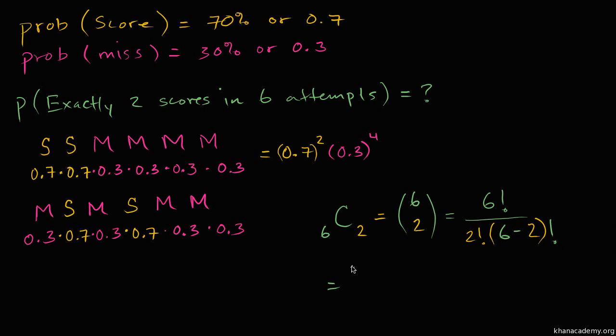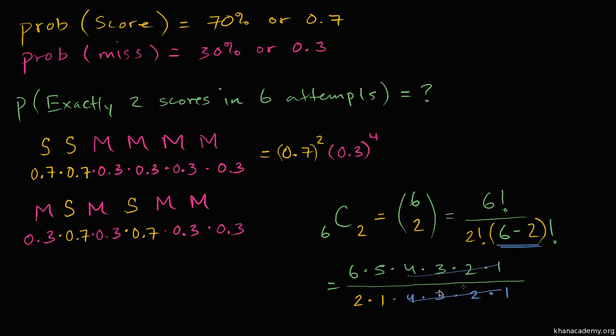This is going to be equal to 6 times 5 times 4 times 3 times 2, and I'll just throw in the 1 there, although it doesn't change the value, over 2 times 1, times 6 minus 2, which is 4, so that's 4 factorial. So this right over here is 4 factorial: 4 times 3 times 2 times 1.